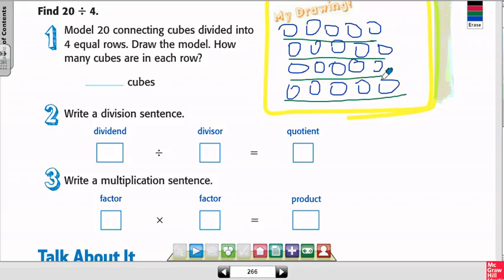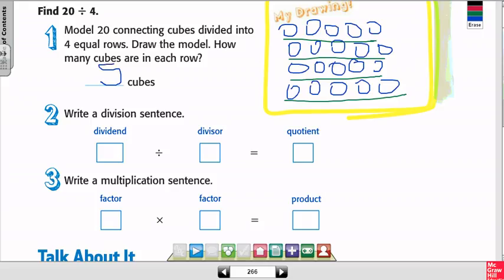If I do rows or groups, I should have the same number in each group. So in each group right now, how many do I have? 5. See? 1, 2, 3, 4, 5.